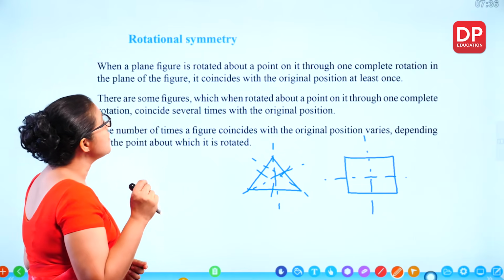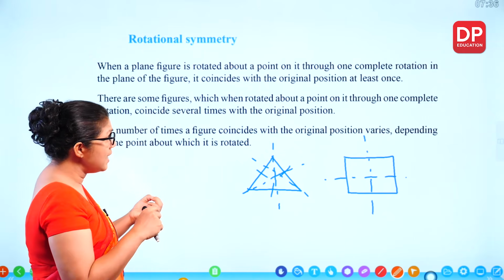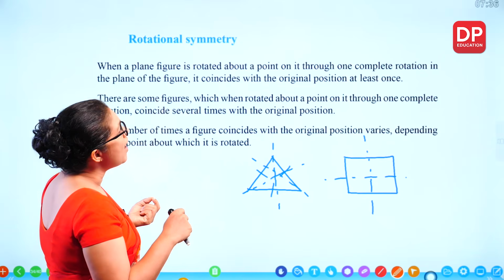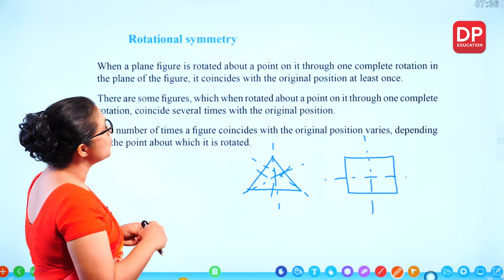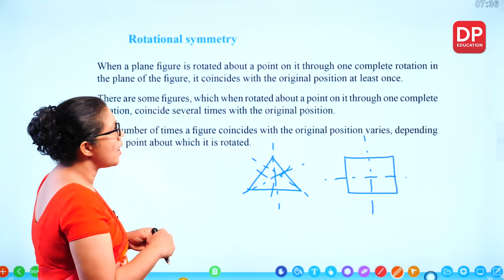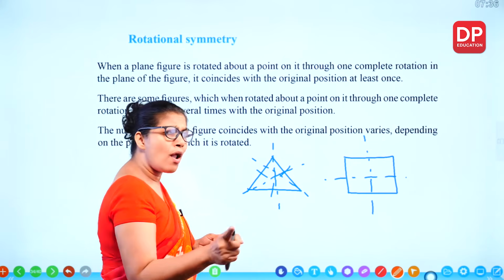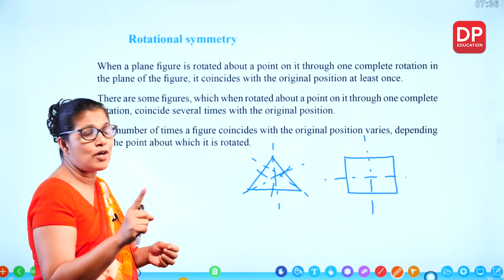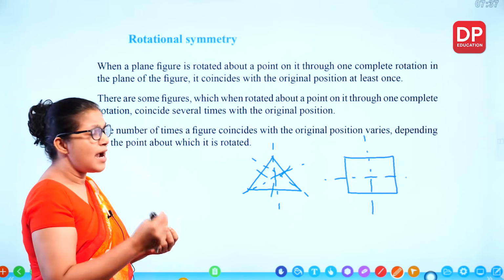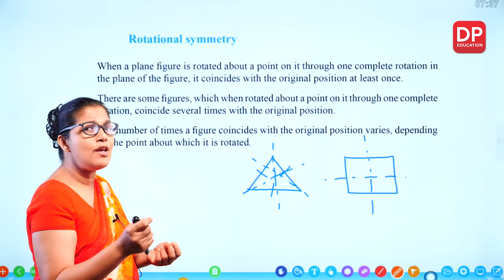When a plane figure is rotated about a point on it through one complete rotation in the plane of the figure, it coincides with the original position at least once. So all figures have rotational symmetry of order 1, because when you rotate 360 degrees, definitely you are getting the same shape.